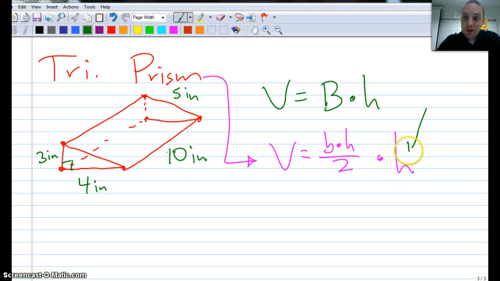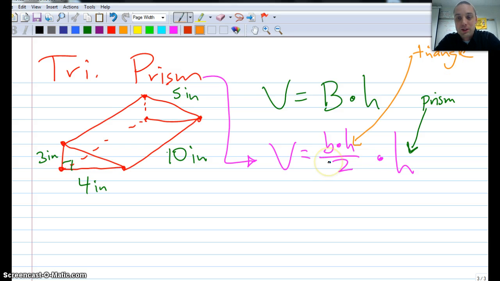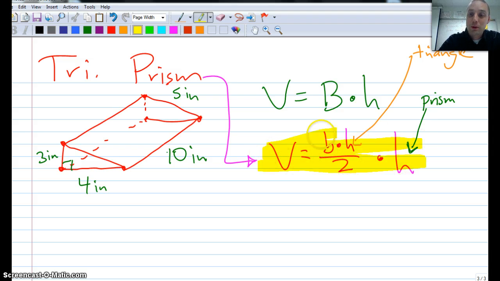You might want to draw a little arrow to this one and say, that's the height of the prism. And then this H over here, that's the height of the triangle. They're very different things. So watch how that works as we go into this example. Then put a big highlight or a circle around this. This is the formula that we want for our triangular prism.